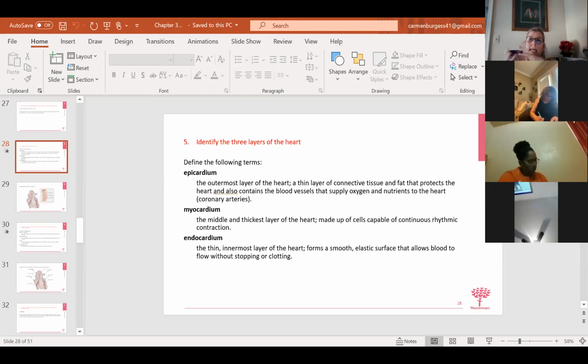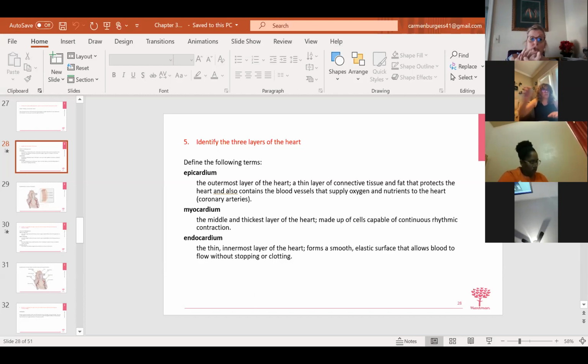The heart sits in a sac called the pericardium. I don't know if you studied that in medical terminology, but it means around or surrounding. That sac protects the heart and keeps it safe from infection and bacteria.